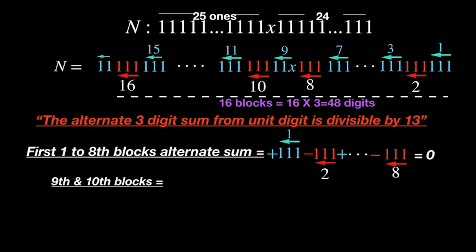Clearly there is an equal number of blue blocks and red blocks, so an equal number of plus and minus 111, and that will give the result 0.